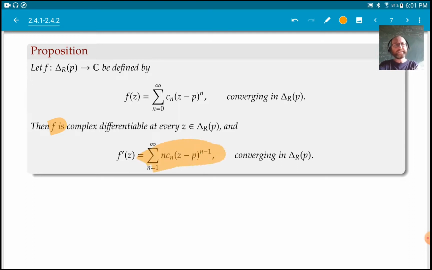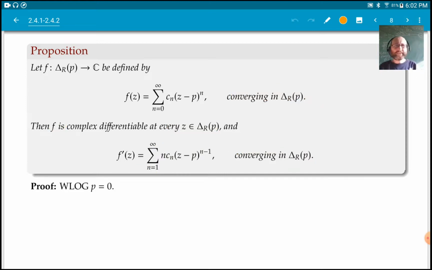One way to write it is like this. And this holds at every z in the disk of radius R, and the convergence is the same. The original series converged in a disk of radius capital R, and the derivative also converges in a disk of radius R, and is a power series. Okay, so let's prove this.